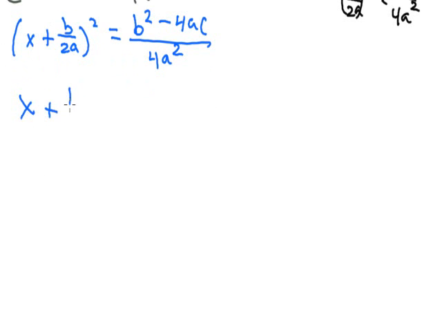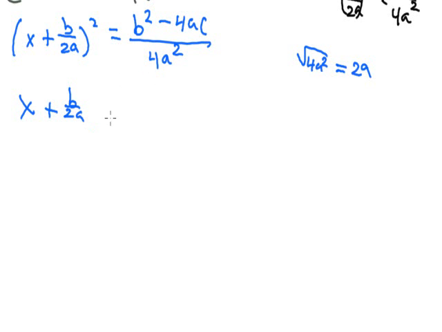We have x plus b over 2a, and taking the square root of a rational function like this is the exact same as taking the square root of the top over the square root of the bottom. Remembering that the square root of 4a squared is just 2a: the square root of 4 is 2, the square root of a squared is a.